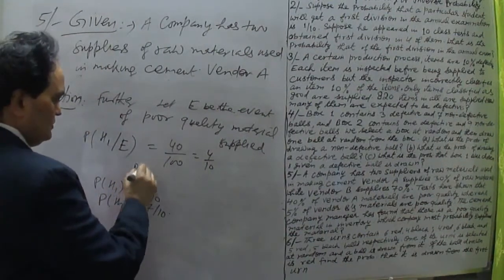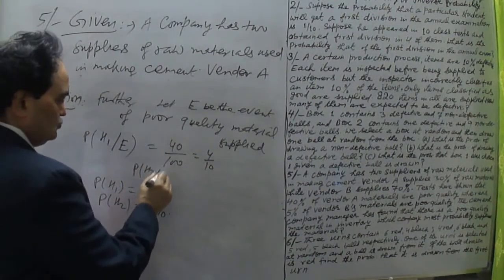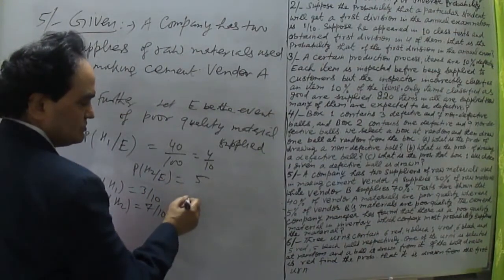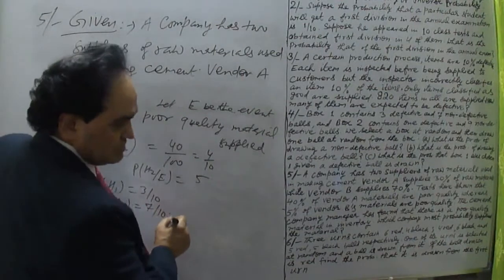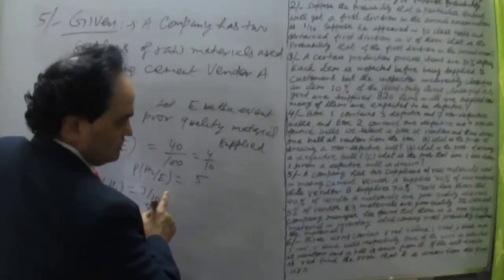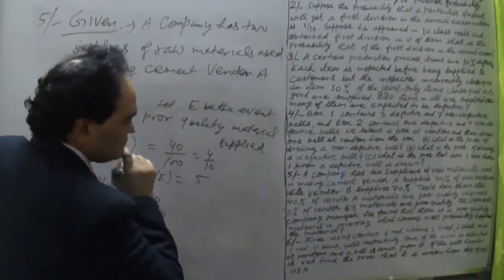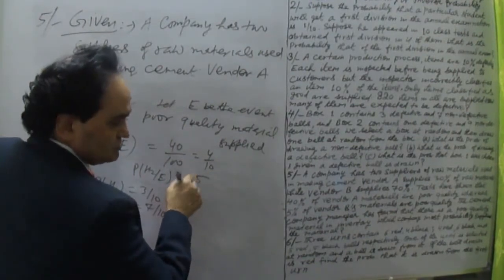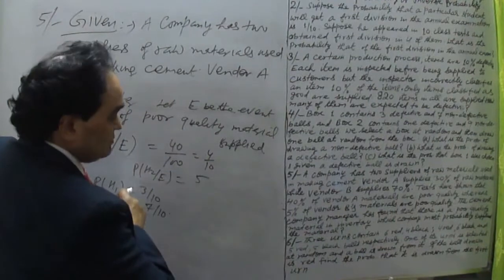And the second probability, H2 given E, is only 5%, right? That means 5 upon 100 completely.